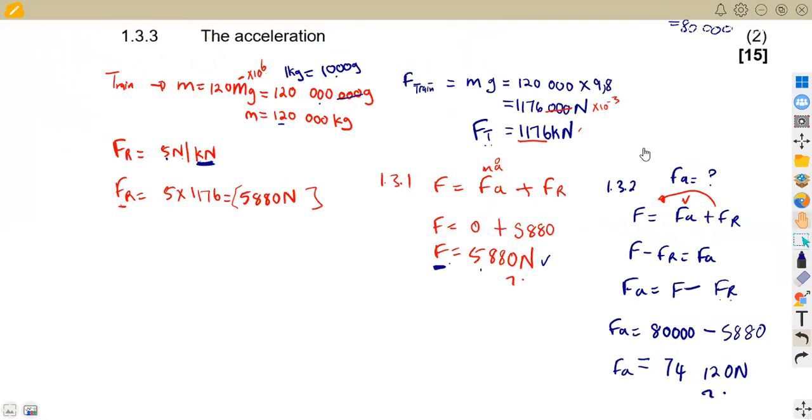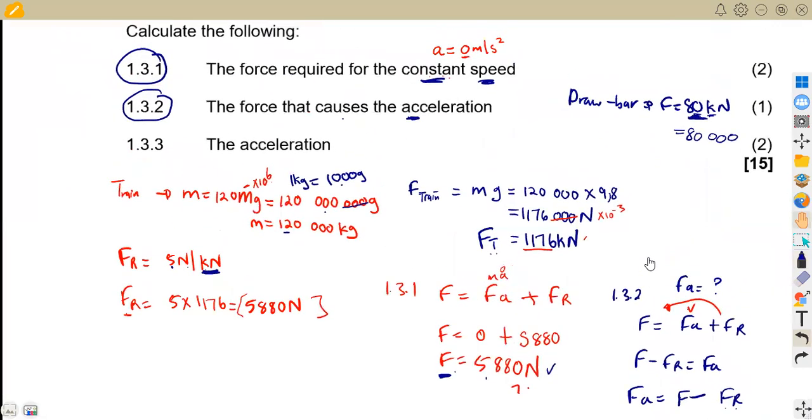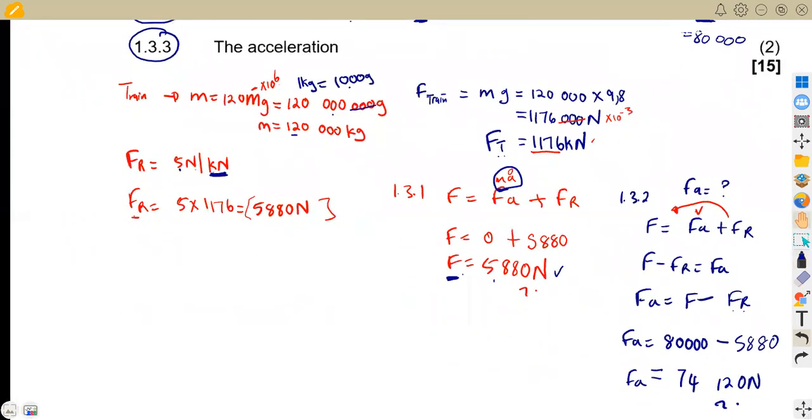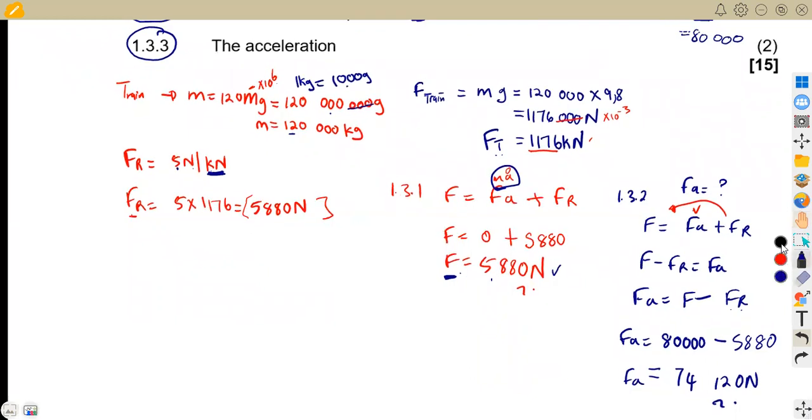All right, then the last part now is to determine the acceleration. Remember, this FA is equivalent to mass times acceleration. So it can be easier now to calculate the acceleration. To calculate the acceleration, we simply divide by the mass on both sides.